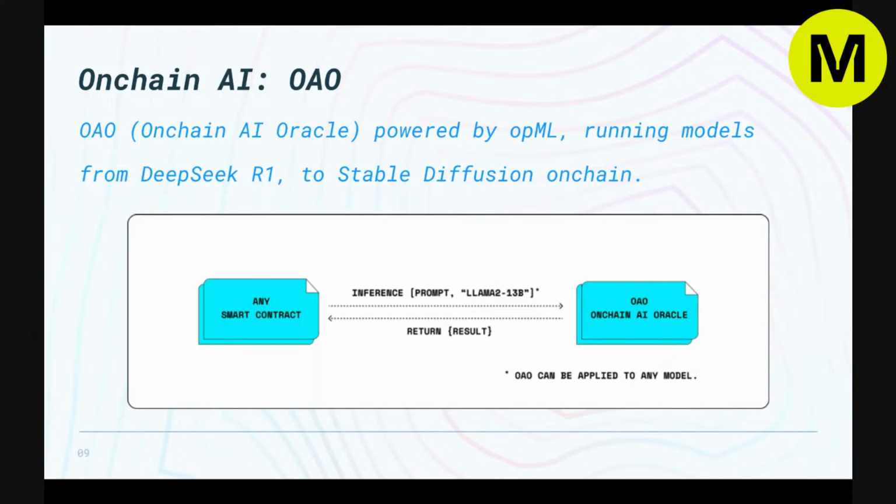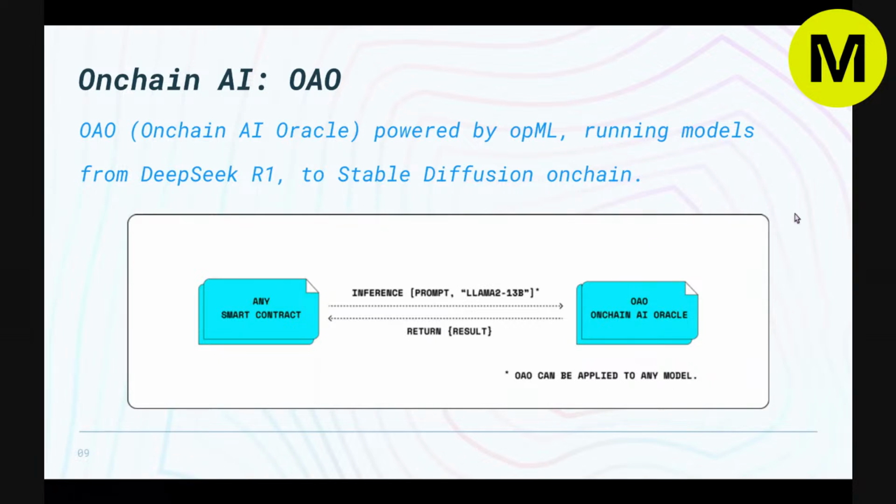The Oracle is a combination of an on-chain AI Oracle contract and some off-chain nodes that run the AI inference themselves and then push the data onto the on-chain AI Oracle. So this is how it works.